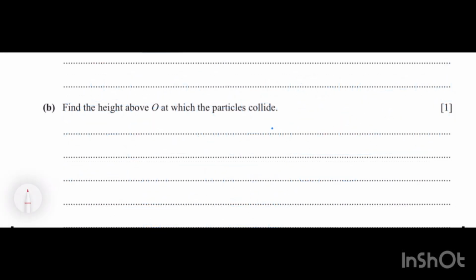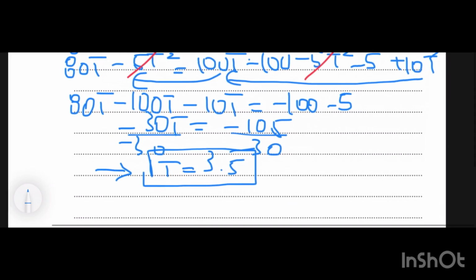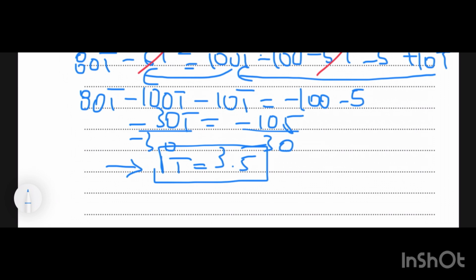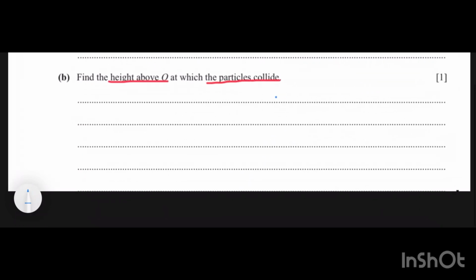For part B, find the height above O at which the particles collide. Both of the particles cover the same distance when they collide, since they both start from the same point O. So we just need to substitute this value of t into either of the two distance formulas, for A or for B. Since A is more simplified, we will use that.